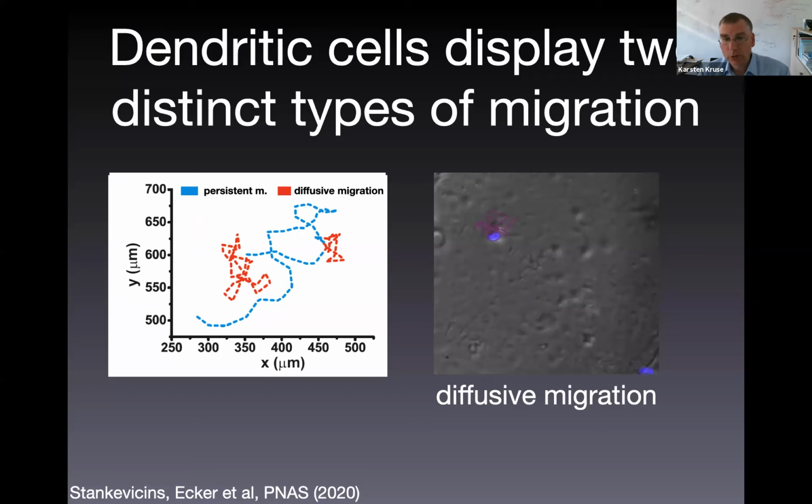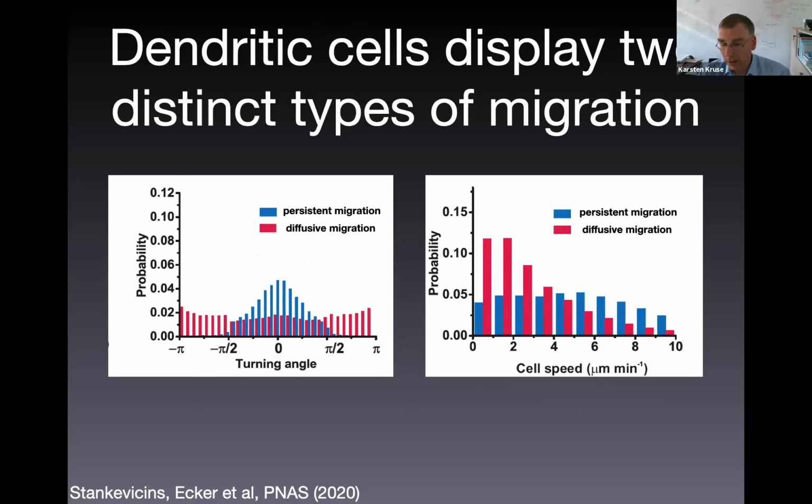And if there were 2 steps following each other where the direction changed by more than 90 degrees, in that case, then we said this is the diffusive migration, whereas when it's more smoother, in that case, we call it the persistent motion.